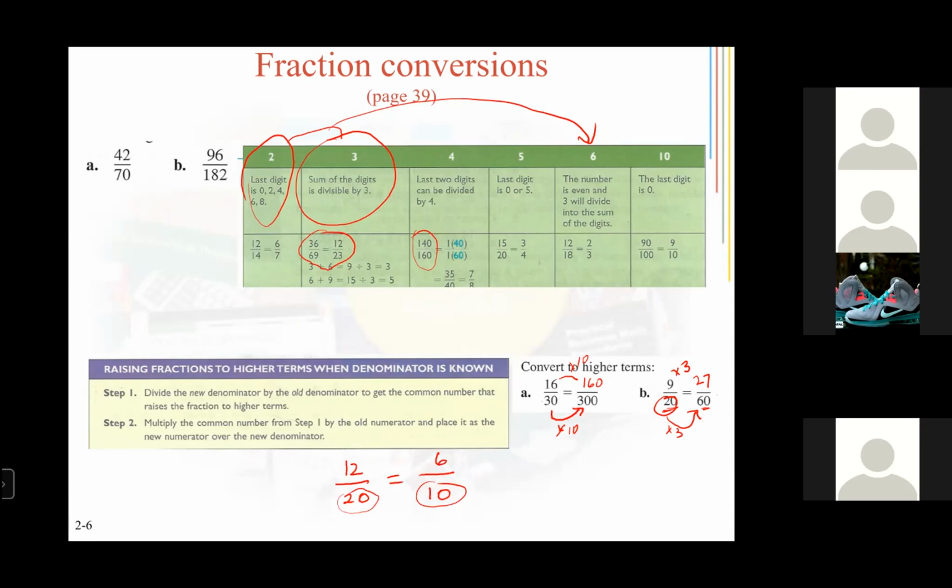Okay, give me another one like that. Okay. So let's say we give you 5 over 12 equals to something over 72. What times 12 gives you 72?